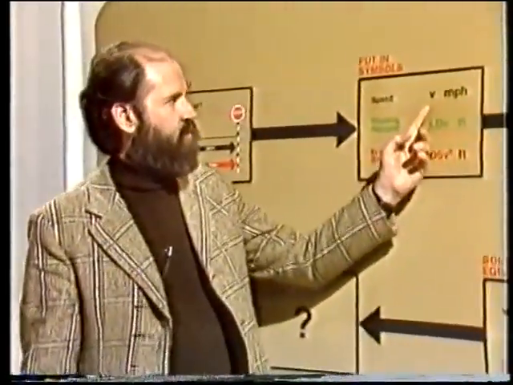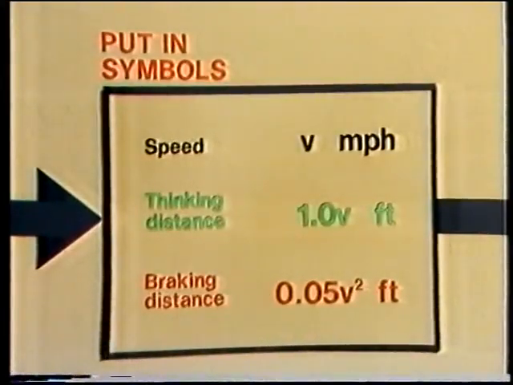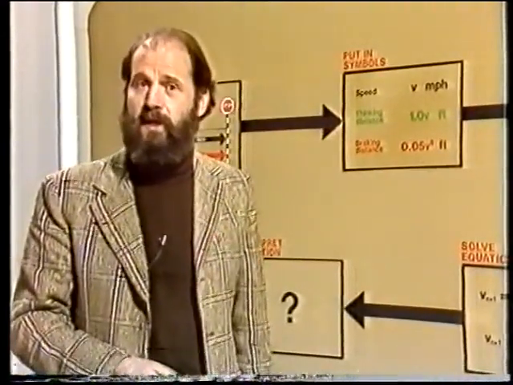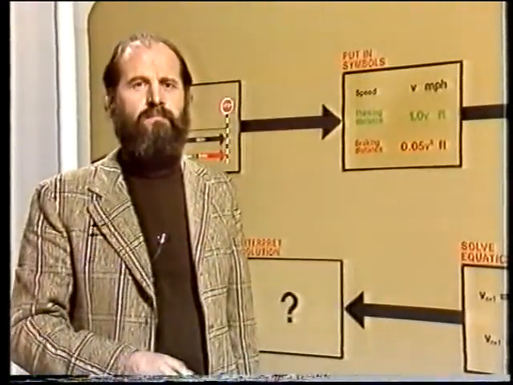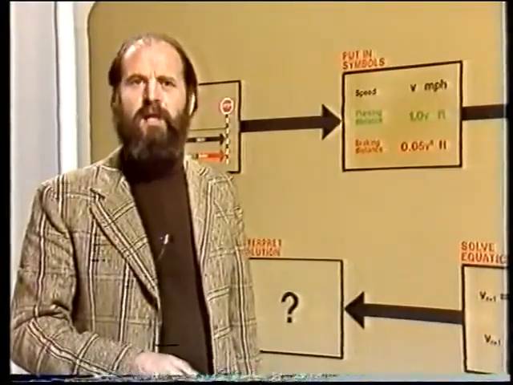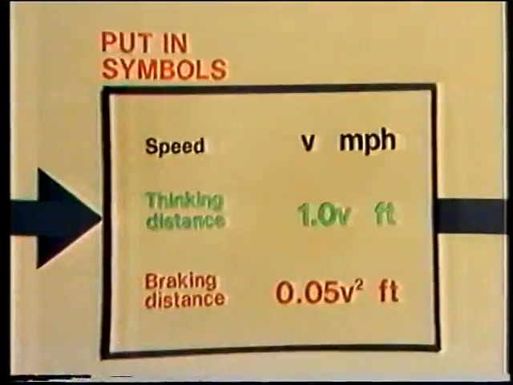Right, well, we want to find the velocity, so let's introduce the symbol v to represent the speed in miles per hour. That's the unknown that we're looking for. Well, what do we know about the thinking and braking distances? In fact, the figures on the highway code are calculated by these formulas. The thinking distance is 1.0 v feet, and the braking distance is 0.05 v squared feet.